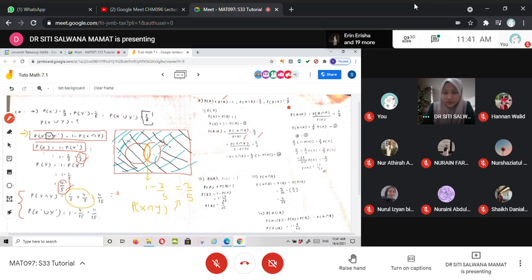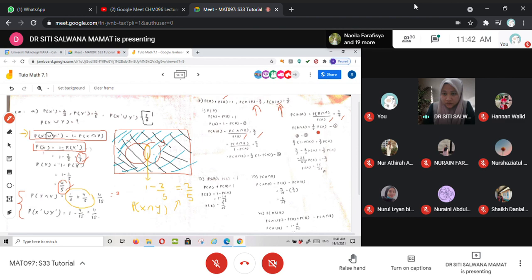Okay, the second is the given pada you probability of B given A. Okay, so you ada probability of B intersect A and then divide by this lah probability of A. Kita follow dia. Yang ni betul. Okay, meaning that from this and this information, these two conditional probability, then you have two equation lah.